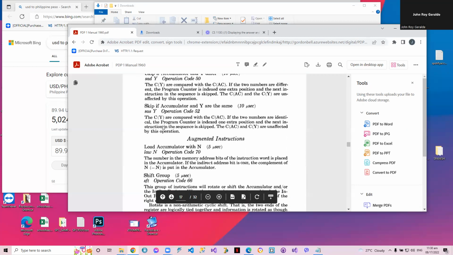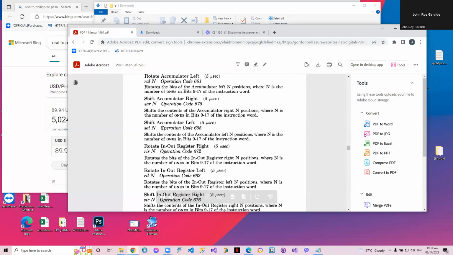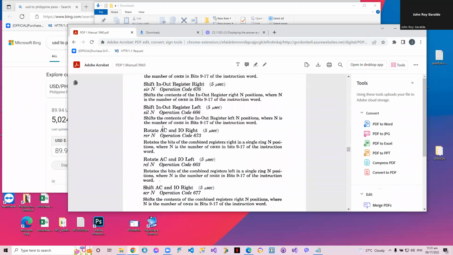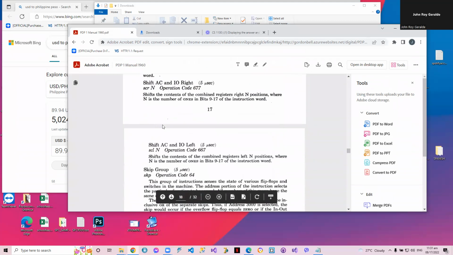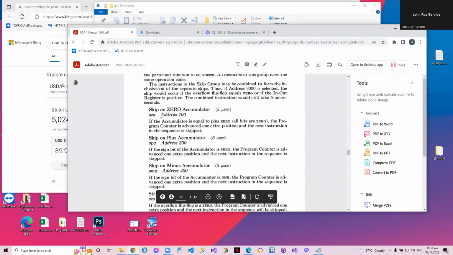Then there's a special skip called SZA, skip on zero accumulator. There's a skip which is just a standard skip, and there's a skip called skip on zero accumulator. And there's also skip on plus accumulator, skip on minus accumulator.